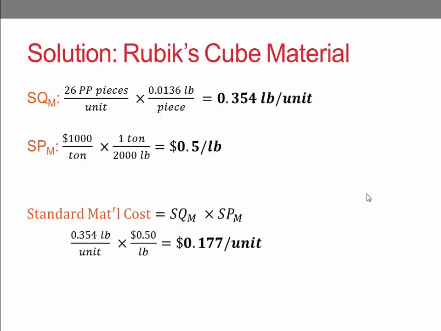The standard material cost is then the multiplication of 0.345 pounds per unit and $0.5 per pound, which gives you dollars per unit. You can see that calculation down below. That gives $0.177 per unit. And really that makes sense, because you wouldn't expect those black plastic pieces to be a huge cost contributor when creating Rubik's Cubes.